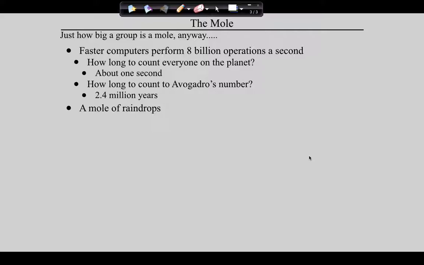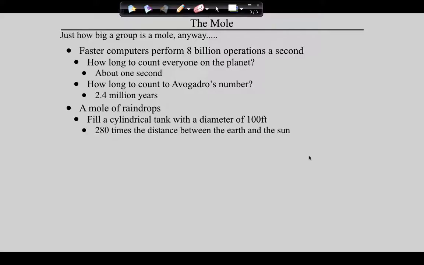Well, ready? If your bucket has a diameter of 100 feet, a third of a football field in diameter, your bucket would go to the sun and back 200 times. That's a mole of raindrops. So guys, what about this?